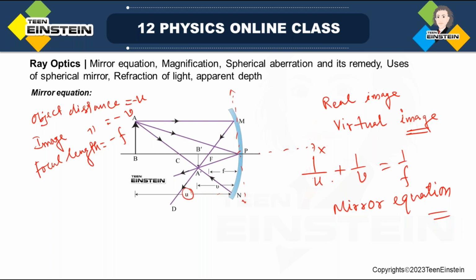So I have given you the introduction about this equation and why we need it.